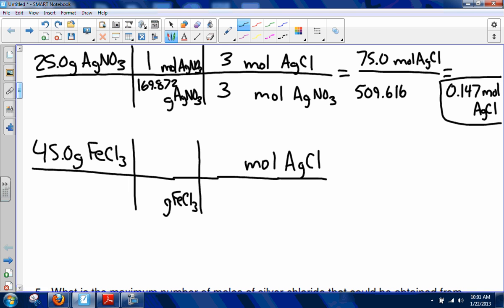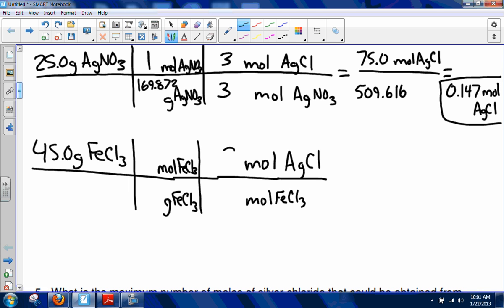Okay. What unit goes with grams? Moles. And I don't want moles of ferric chloride, so I've got to get rid of it, right? Okay, so now I just fill in my coefficients again.